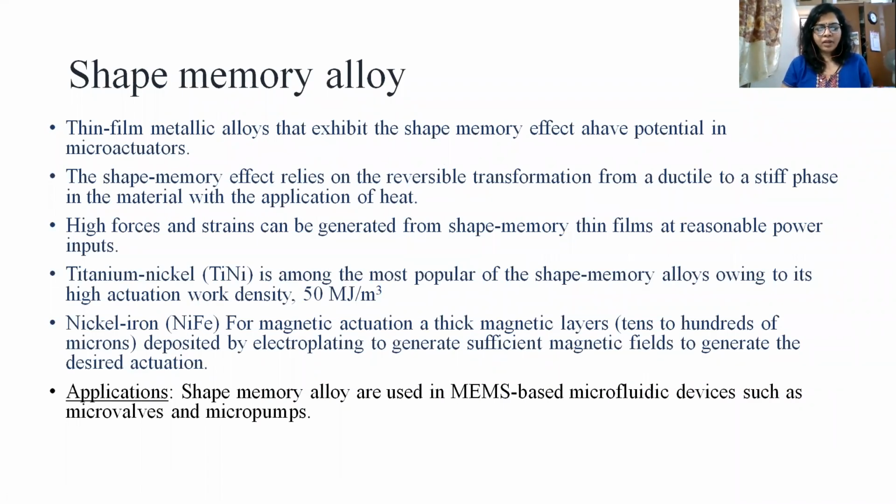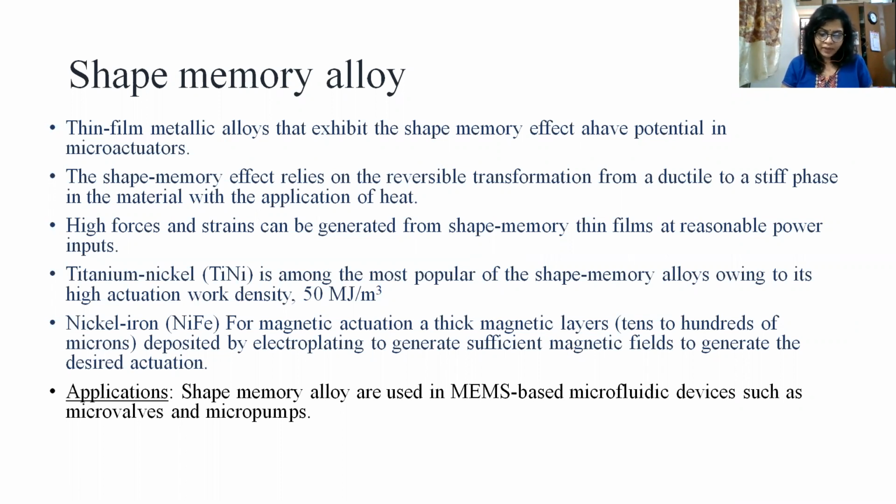Now shape memory alloys. Metallic alloys that exhibit the shape memory effect have potential in micro actuators. The shape memory effect relies on reversible transformation from a ductile phase to a stiff phase on application of heat.